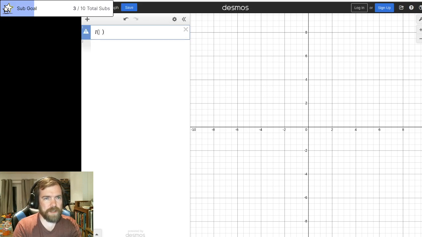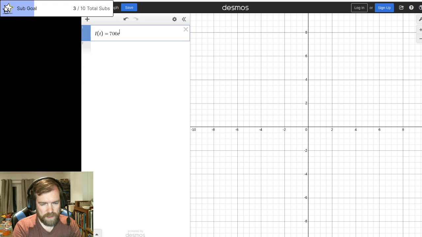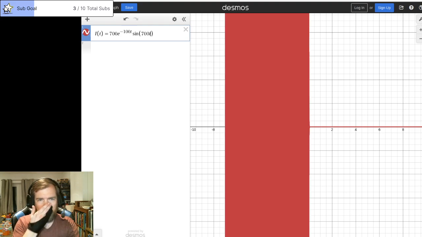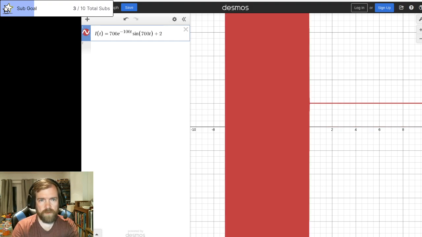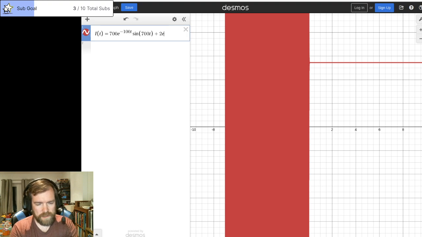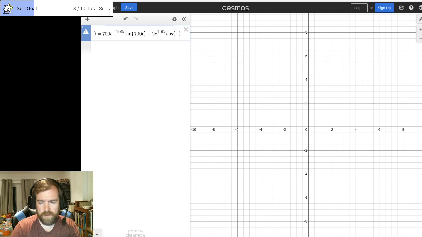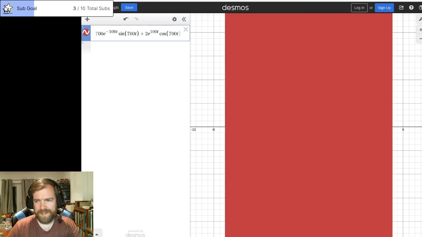so let's go over to Desmos here. I of t is equal to, can you read that off for me? It was 700 e to the negative 100 sine of 700t plus 2 e to the same cosine of the same. Right.